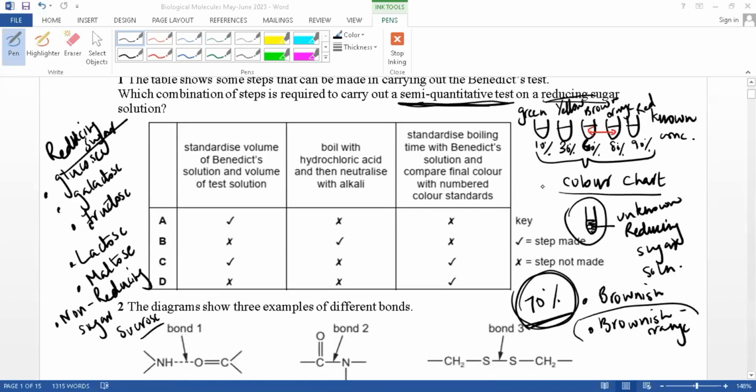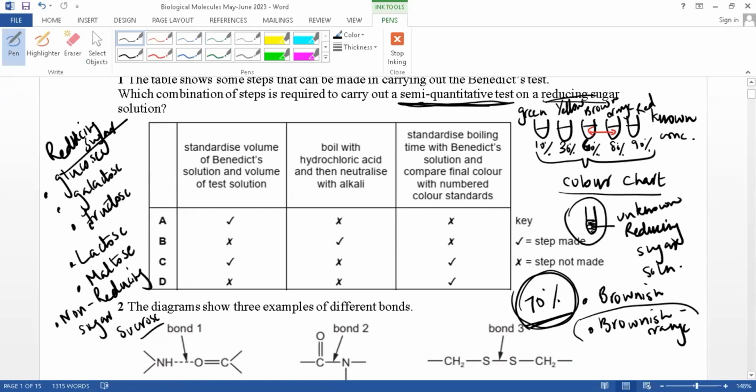I have said that a semi-quantitative test is a test which can help me roughly estimate the concentration of an unknown reducing sugar solution. Let's suppose I give you these five concentrations, whose reducing sugar concentrations are known: 10%, 30%, 60%, 80%, 90%.